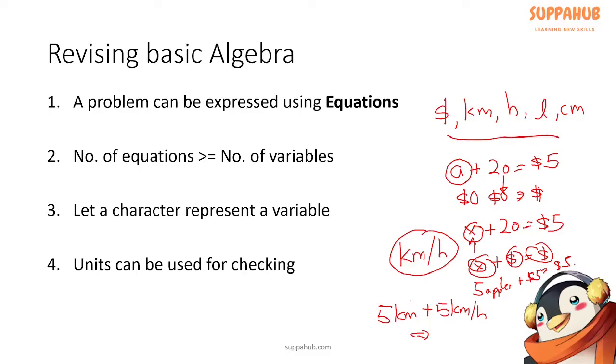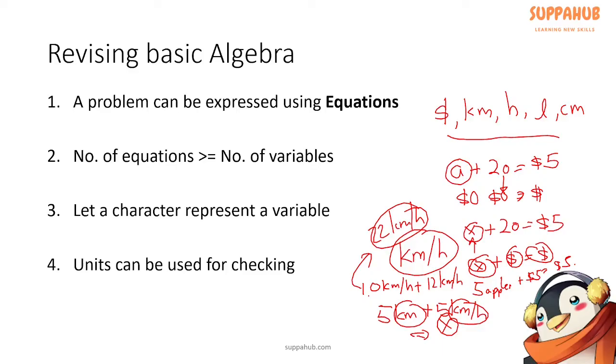This doesn't match because the units don't match, so your equation is wrong. Whereas let's say you have speed plus speed, so let's say you have 10 kmh plus 12 kmh. That you can, because the answer is 22 kmh. So it works, right? So it works.